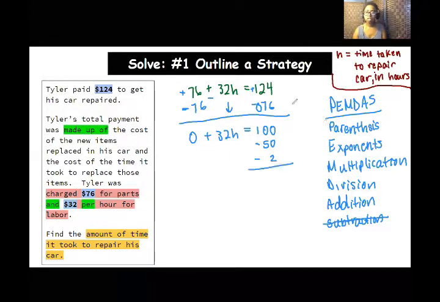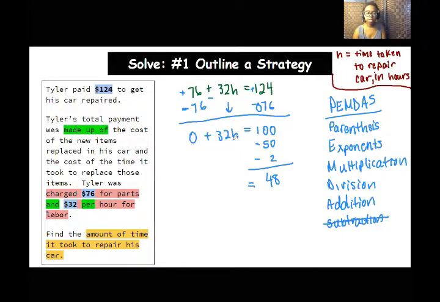Okay. So now what we're going to do is subtract from the top down. 100 minus 50, that's 50. And 50 minus 2 is 48. There you go. So you can check with your calculator and see if that was correct, but 48 is the answer. Now let's bring down the rest.